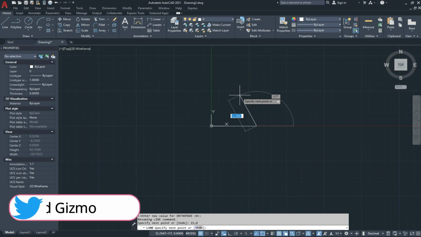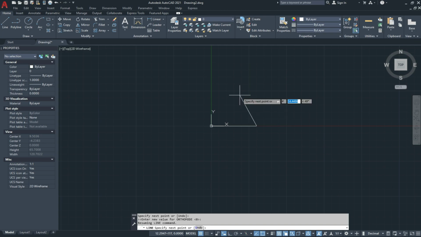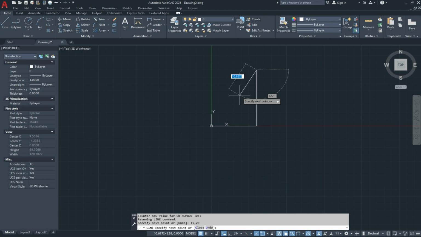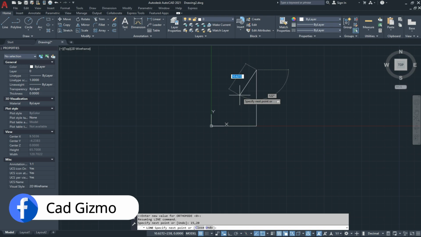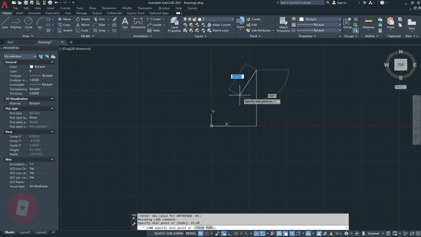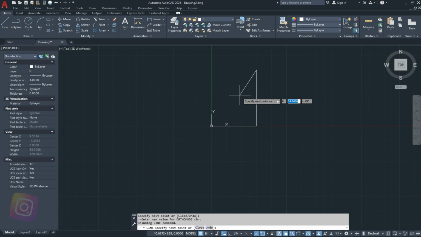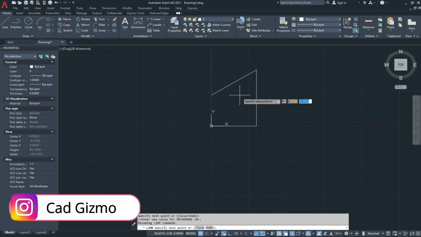Now we give the third point, and it is with the shift hash, and it is 15, 20. Now our line is 15 in the x direction and the 20 points in the y direction. Now we give the fourth point with the hash, and this is 0, 20.